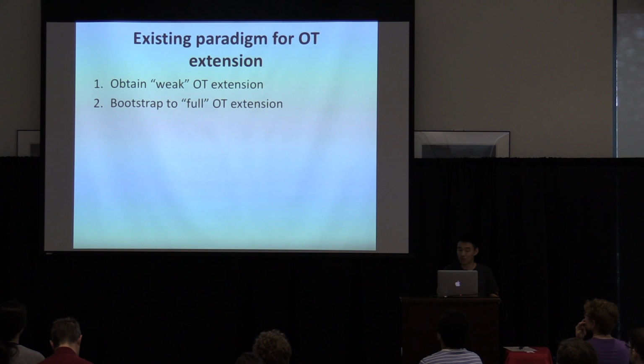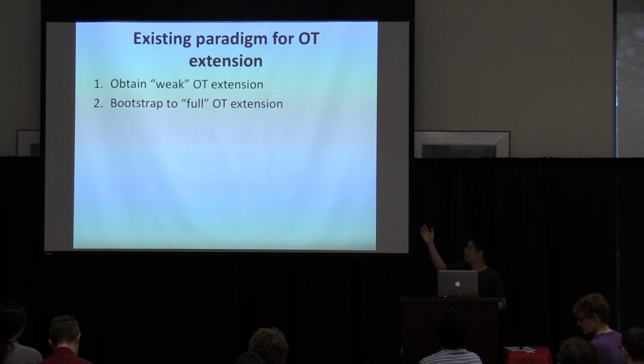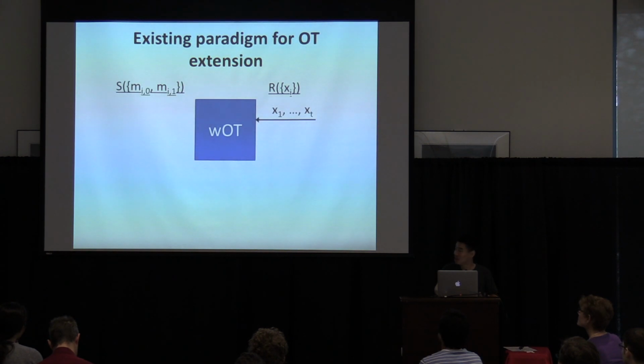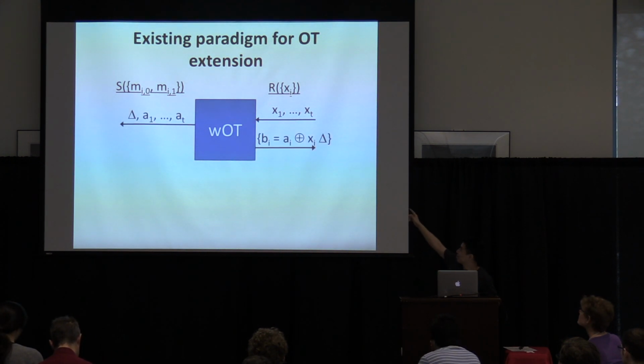How it works is that we first obtain some kind of weak OT extension, or a pseudo-random correlation, using Yuval's new term, and then we can bootstrap it to a full OT extension where the messages are specified by the sender. In the first phase we run this weak OT with some kind of correlation.